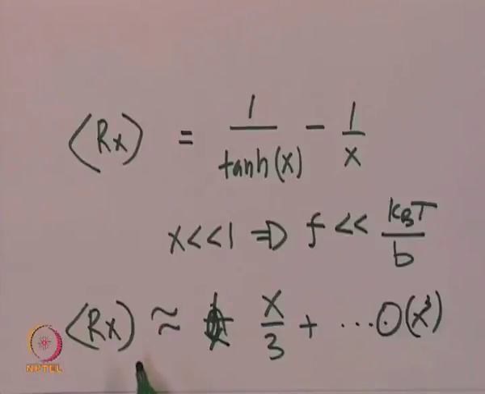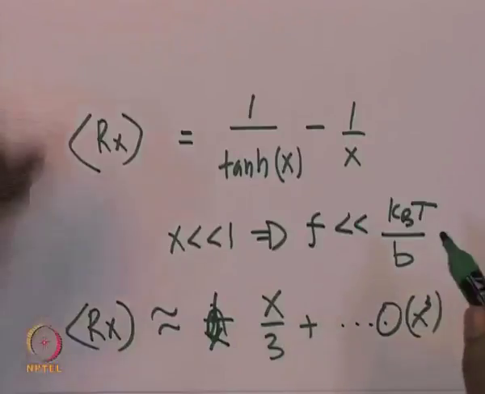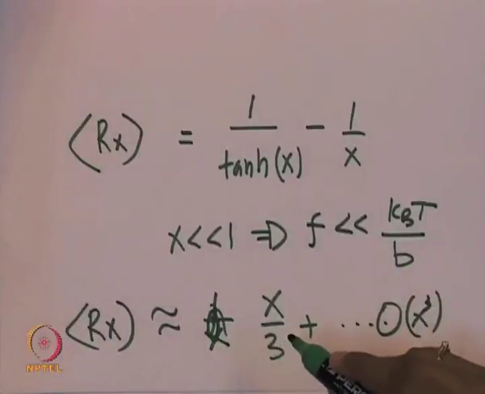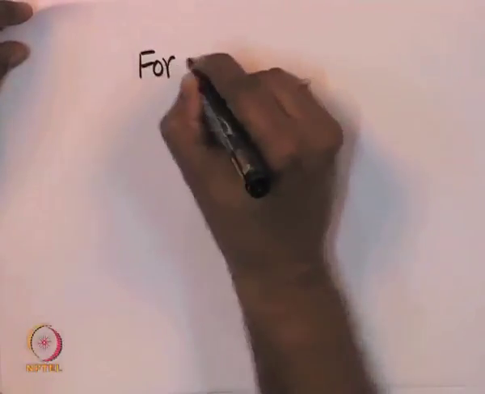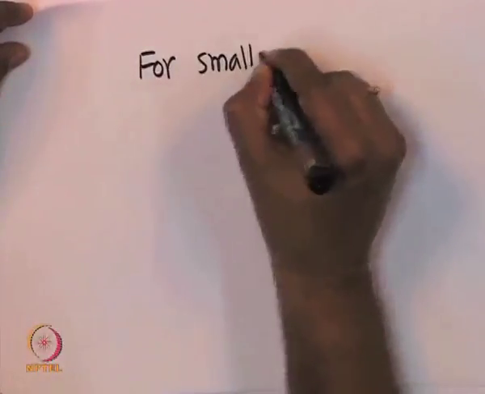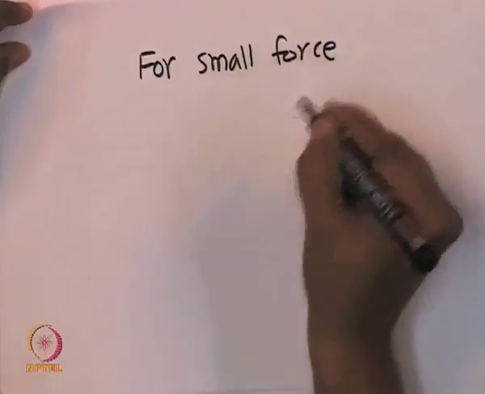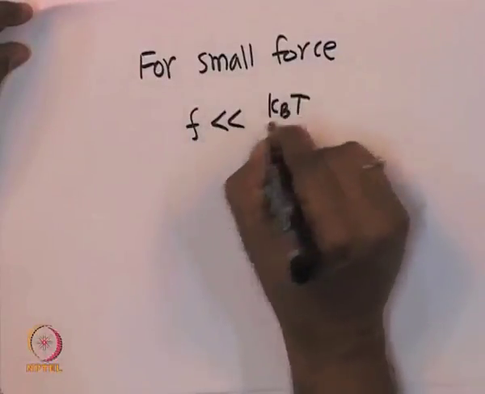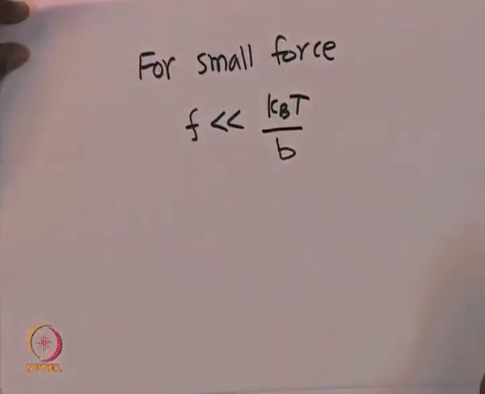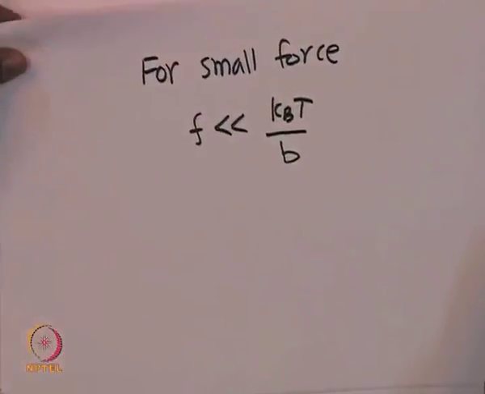So, what does it say? For a small force, the extension is basically f b by k_B T. So, let us write this for very small force, that is when f is much smaller than k_B T by b, where b is the monomer length, the size of a single subunit.